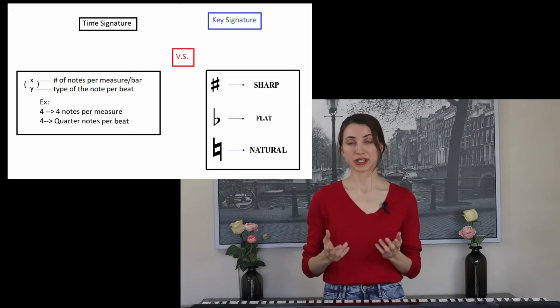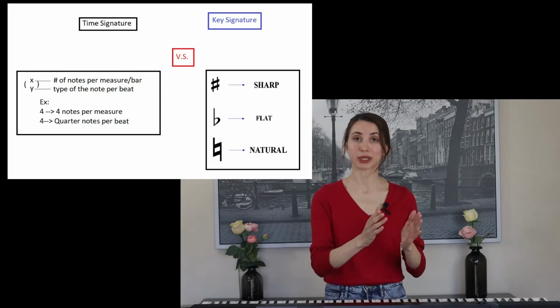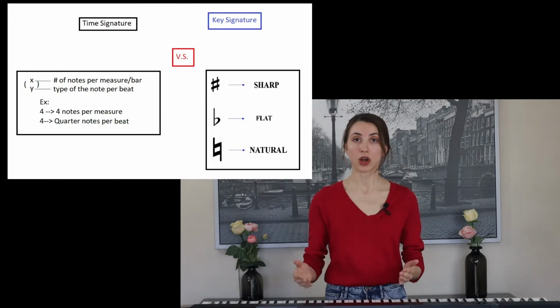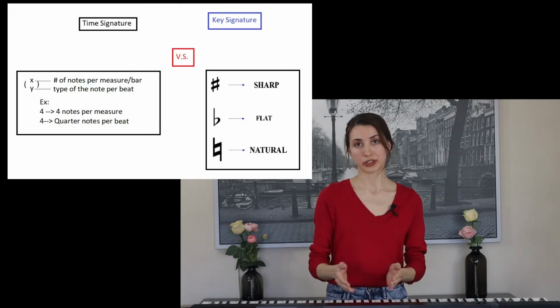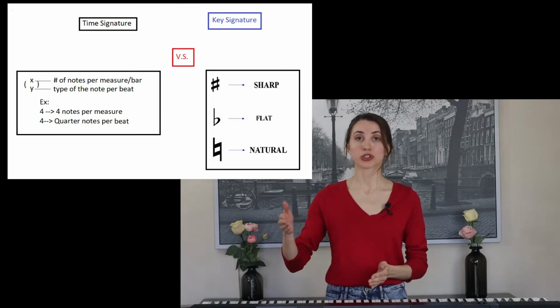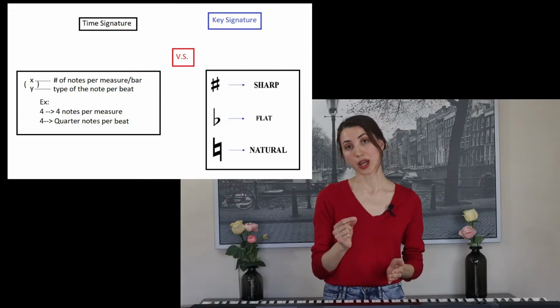The time signature is when you have two numbers on top of each other at the beginning of the song. That tells you how to play the song according to the beat. The top number represents how many beats you have per measure or bar, and the bottom number represents the type of the note.